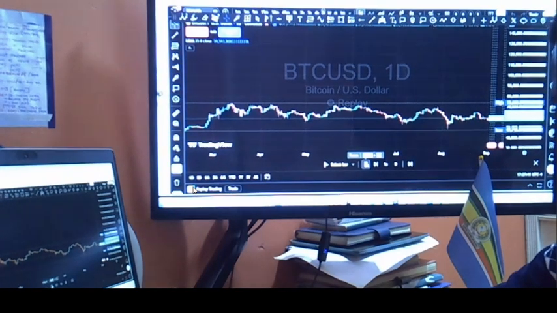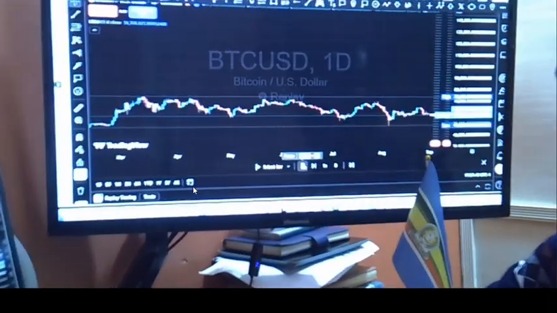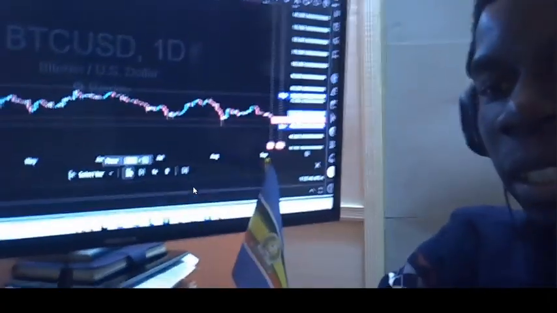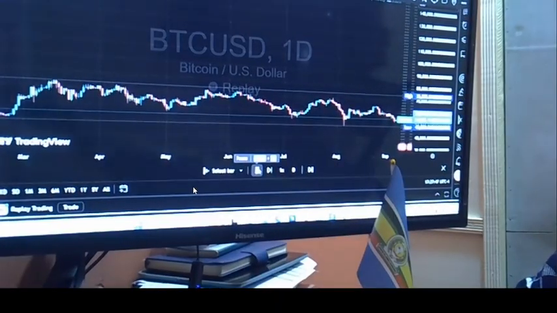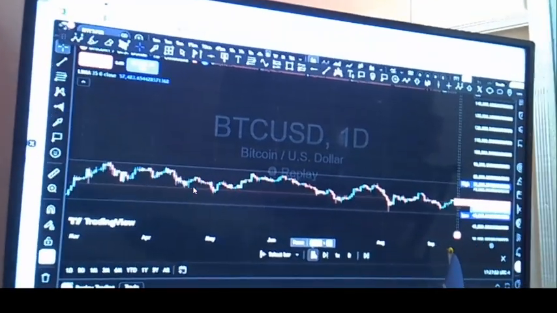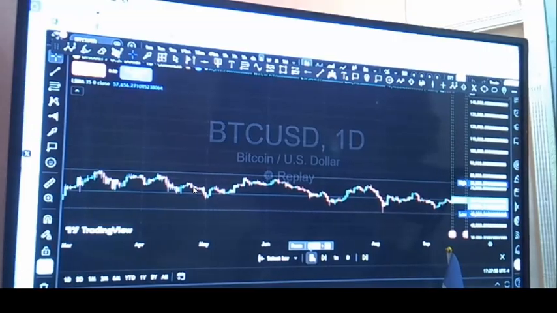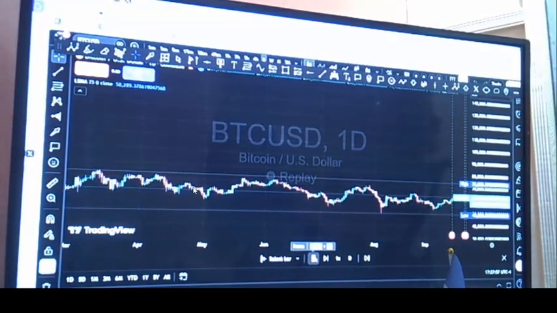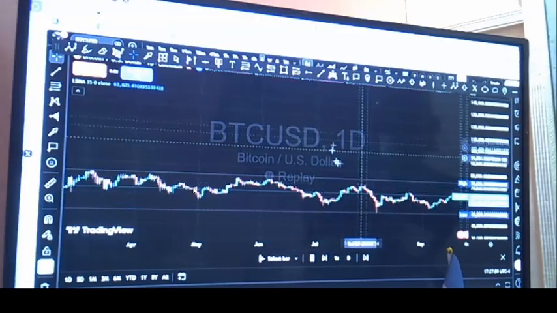But I want you to have that clarity view of the candlesticks. Why? For example, here, this is Bitcoin USDT on the daily time frame, as you can see.